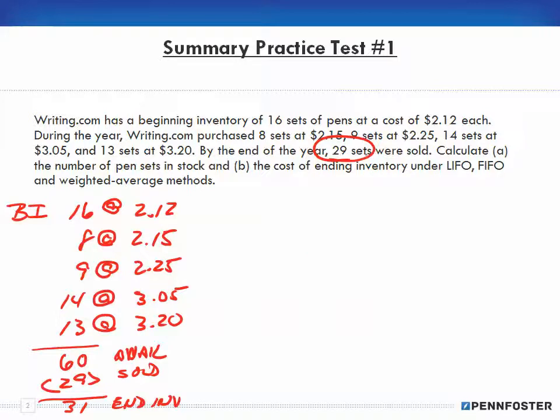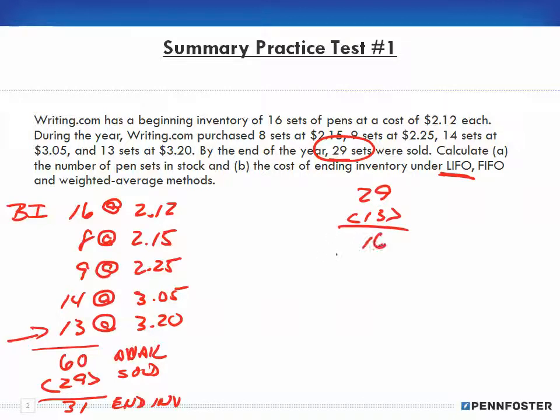So, it's telling us that 29 sets were sold, okay? So I'm going to do LIFO first. So if 29 were sold, I have to take out 29 out of what I have available, right? And since it's LIFO, I'm starting down at what was last in, okay? Because they're the first ones coming out. So I can take out 13 sets there.